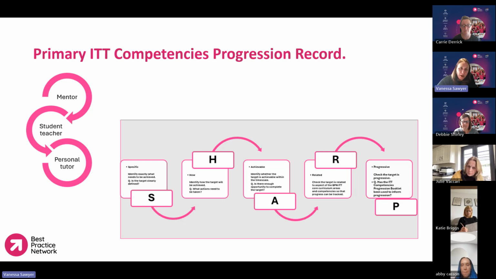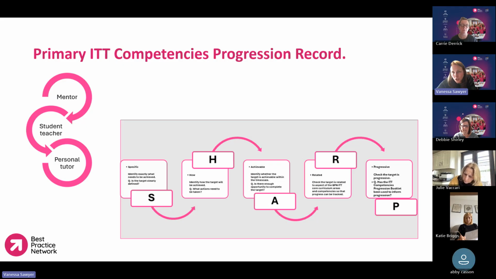And you can see the partnership there between the mentor, the student teacher, and the personal tutor, because all three are involved in the progression of our student teachers, and ensuring that the targets set are progressive targets, suitable targets for our student teachers at that stage.